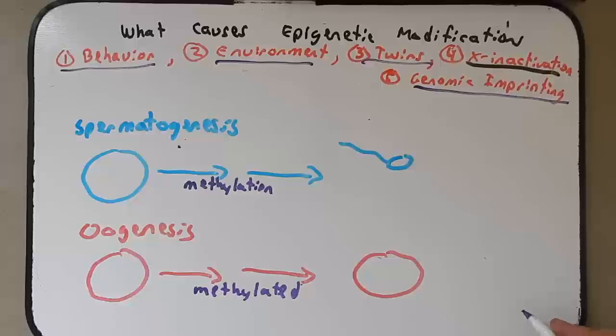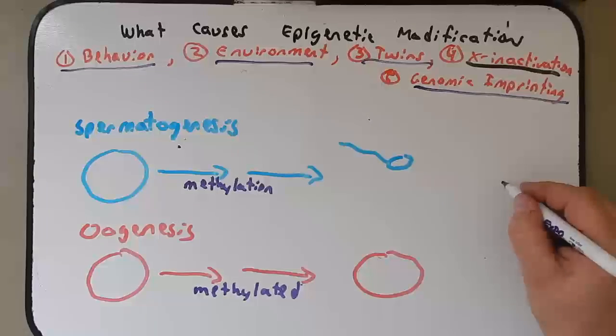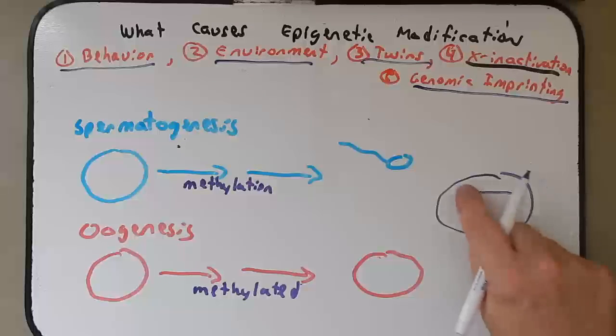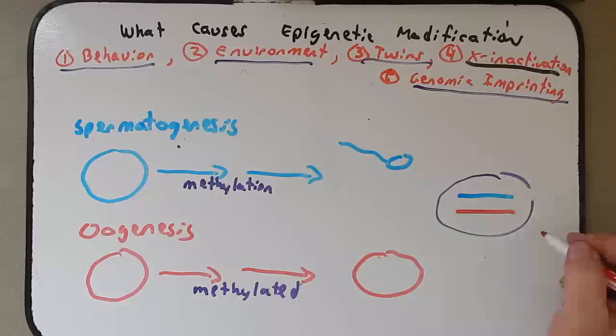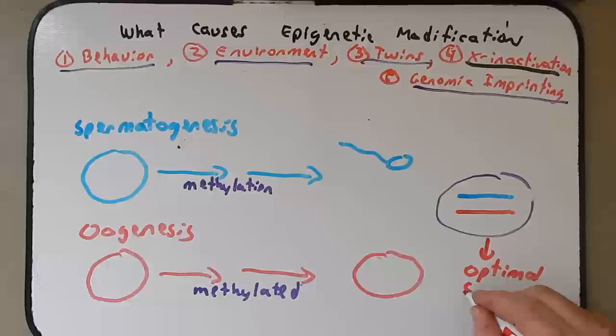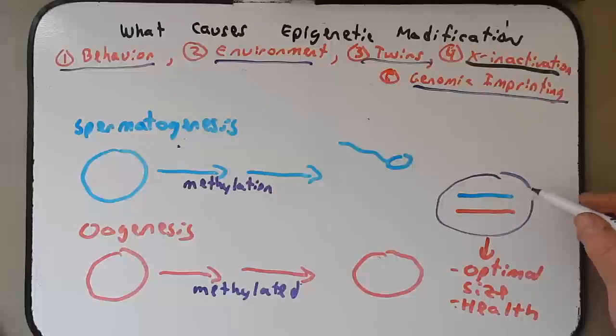And this is to result in a progeny which contains genomes from dad and genomes from mom that together result in an optimal size and health. Usually this does lead to an optimally sized individual. However, due to things like we saw with IGF2, sometimes it doesn't.